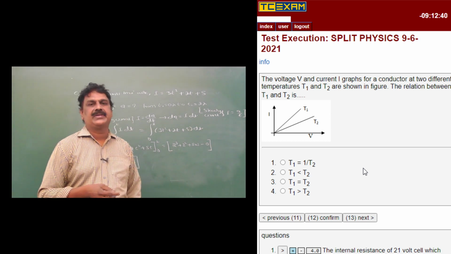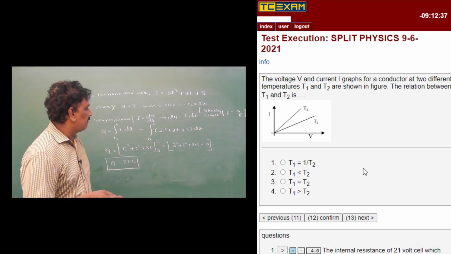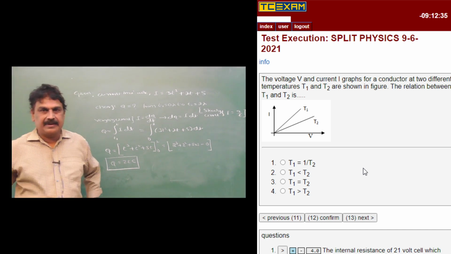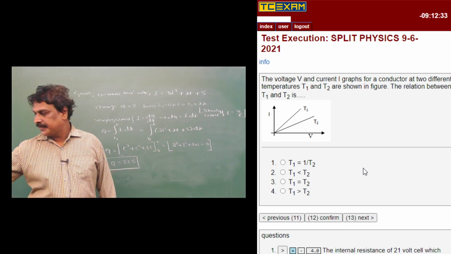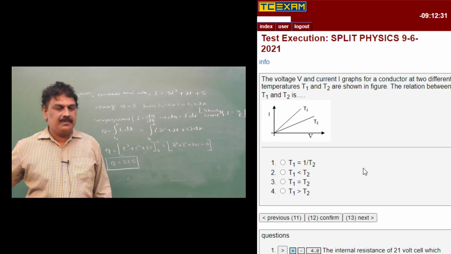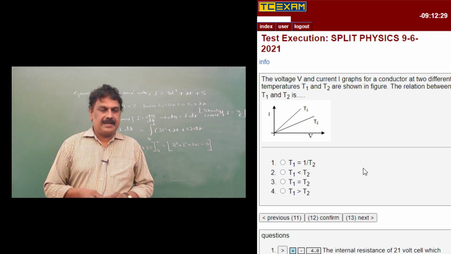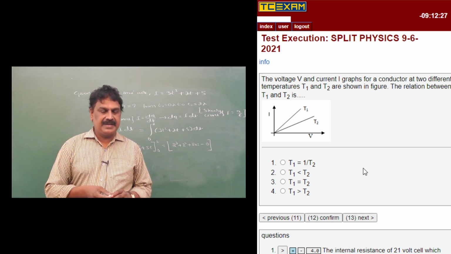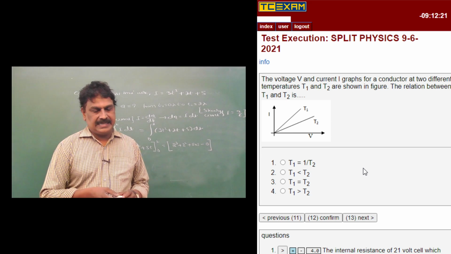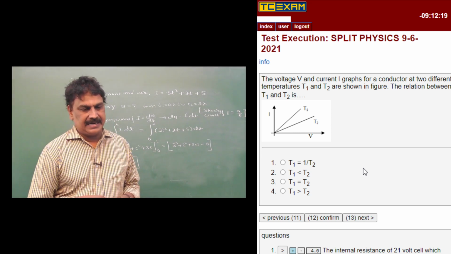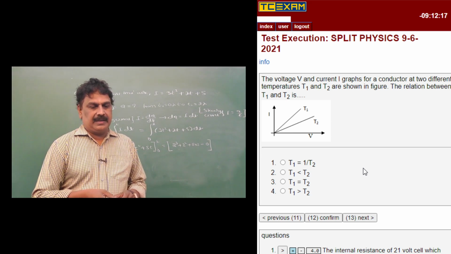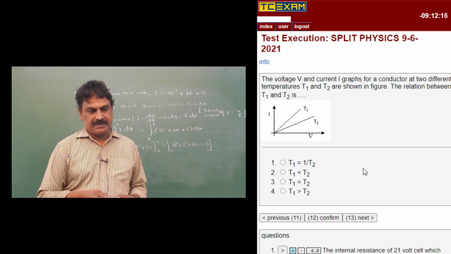So a voltage against current curve is given, and we need to find the relation. Options: T1 is equal to 1 by T2, T1 is less than T2, T1 is greater than T2, or T1 is equal to T2.